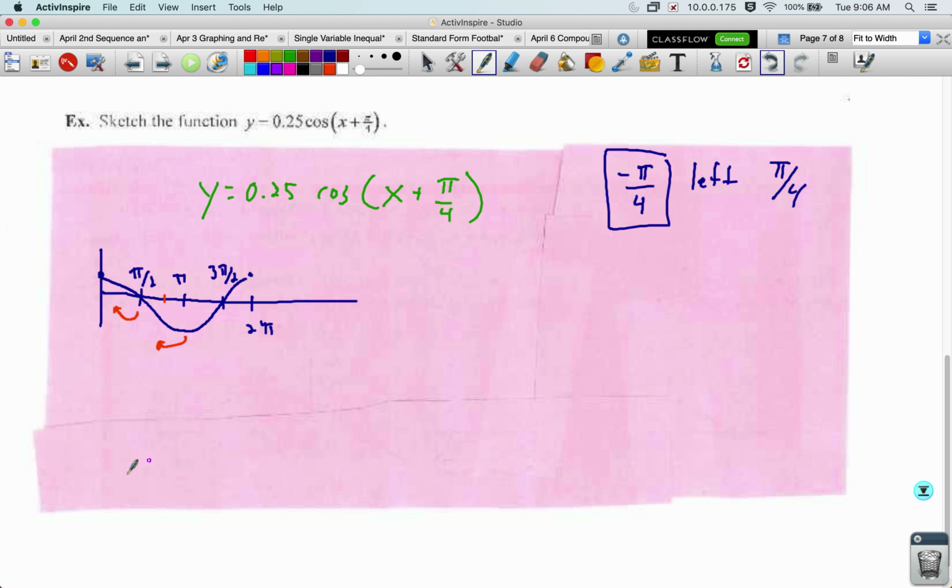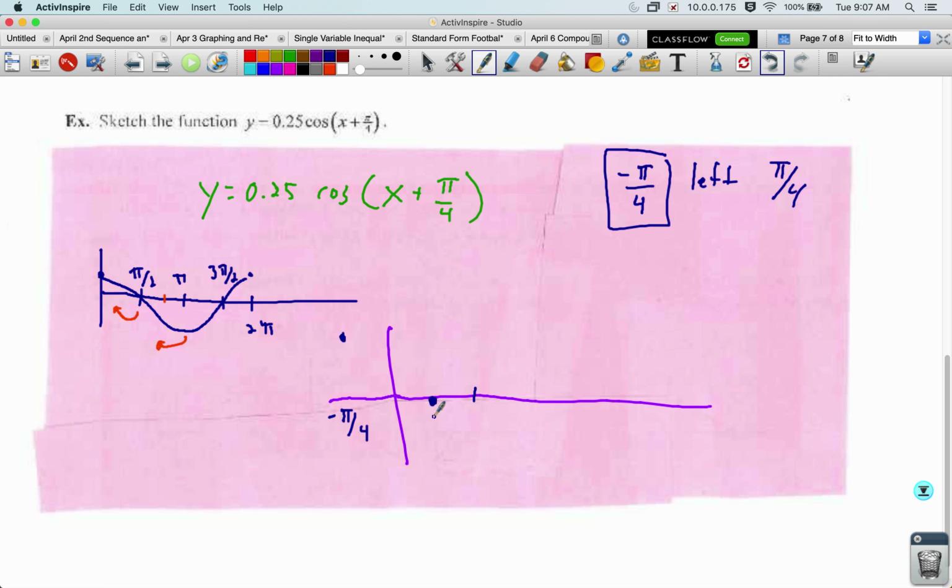All right, so let's see if we can do our new sketch with everything moved half of a key point over. So our maximum was at 0, but now it's going to be over here at negative pi over 4. We hit a midpoint at pi over 2, but now it moved over to just pi over 4.